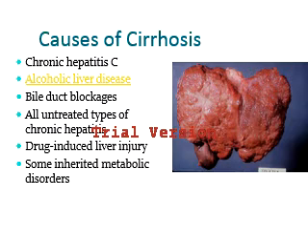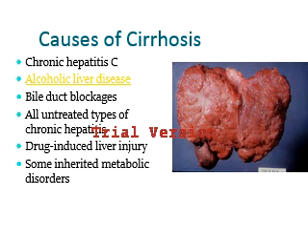Common causes of cirrhosis may include chronic hepatitis C. So chronic hepatitis C may lead to liver cirrhosis. Another cause, alcoholic liver disease, consuming alcohol to excess. Bile duct blockages. Remember in Chapter 2, we talked about the common bile duct. This is the duct that leads from the liver to the gallbladder, or the gallbladder to the small intestine, or from the pancreas to the small intestine.